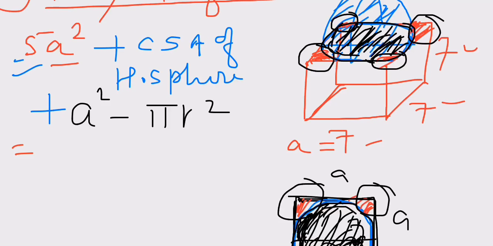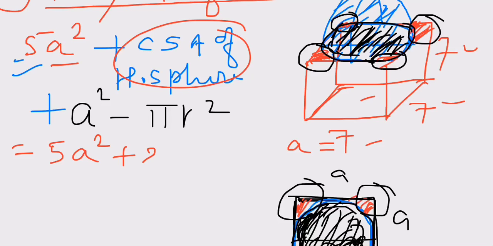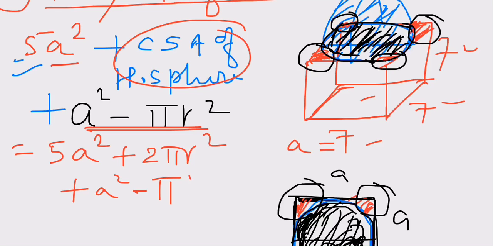Finally we have got the formula: 5a square for 5 faces, and the CSA of the hemisphere, which we all know, is 2 pi r square, and the area of the remaining four corners is a square minus pi r square.